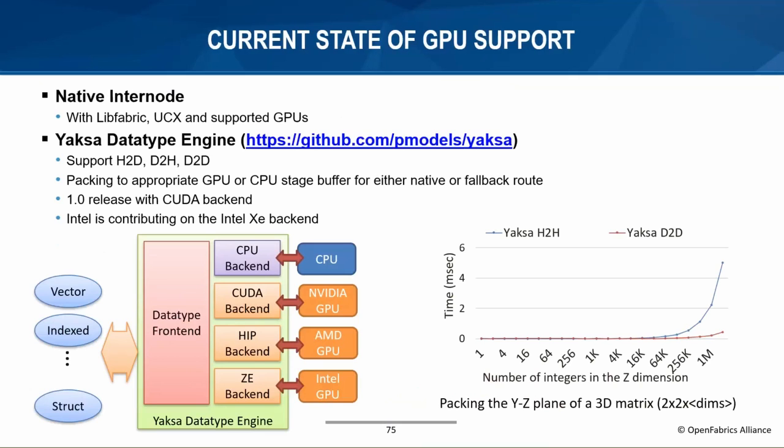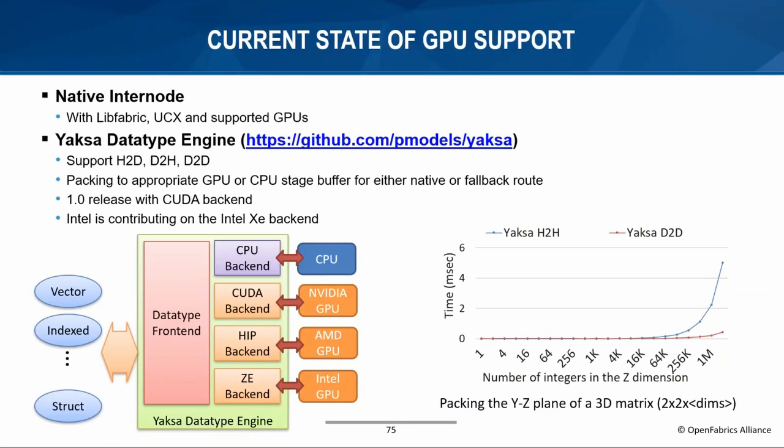So currently, a lot of this support focuses on getting the non-contiguous data ready and being able to use the GPU. What we did is this library called the YAKSA data type engine, which is available as a separate project on our GitHub. But it is also embedded as a submodule in the MPICH source code, so you don't need to manually check those out.